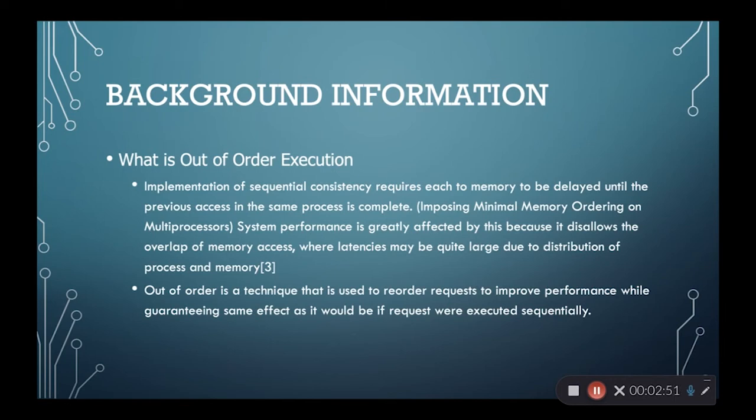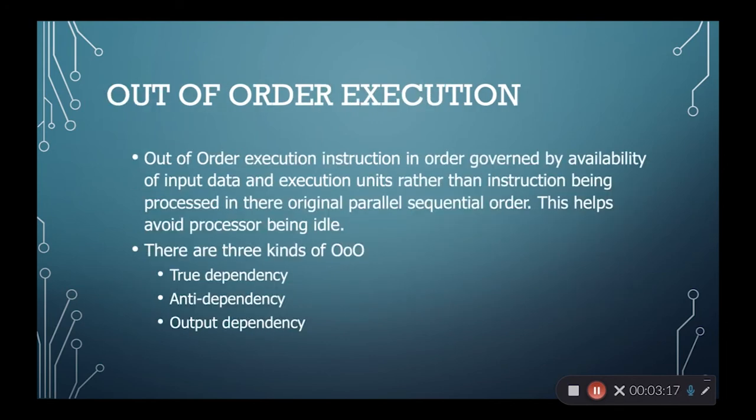So out of order is a technique that is used to reorder requests to improve performance while guaranteeing the same effect as it would be if the requests were executed sequentially. So even though the execution happens in an out of order way, the final process happens as if it happens sequentially.